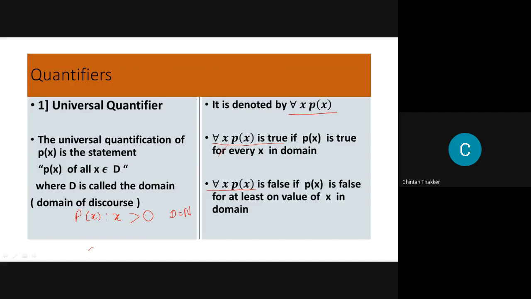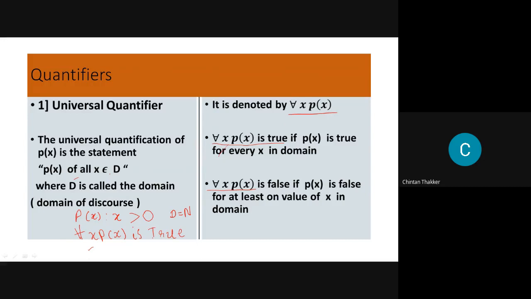So for all x belongs to D, P(x) is true. Therefore, for all x P(x) is true, because P(x) is true for all x belongs to D.